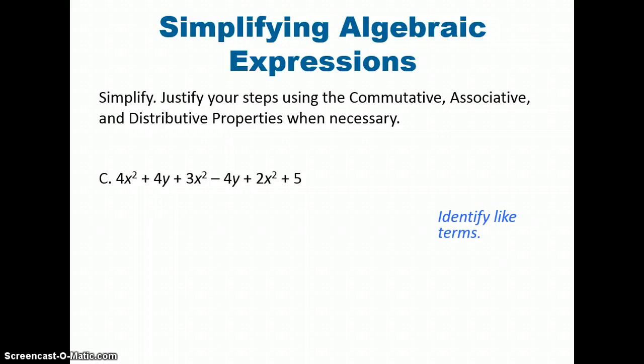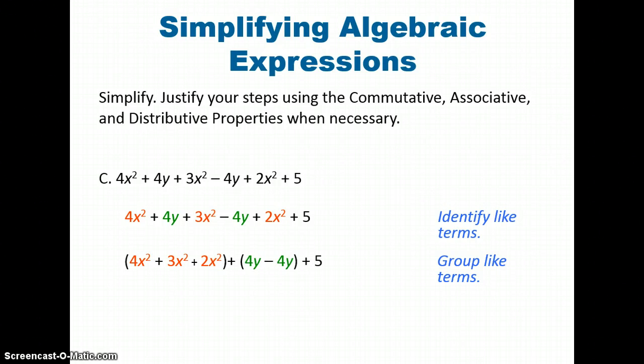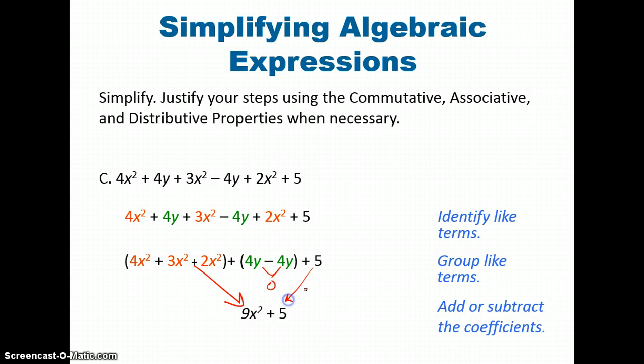Let's look at C. Identify the like terms, group them using the commutative property to move them and the associative property to group them. Then add or subtract the coefficients to get 9x squared, this is 0, plus 5.